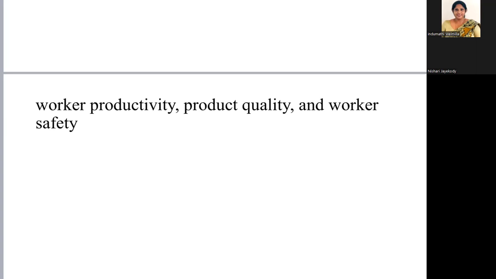So temperature and relative humidity, ventilation and lighting, and noise level are all factors in work system design.